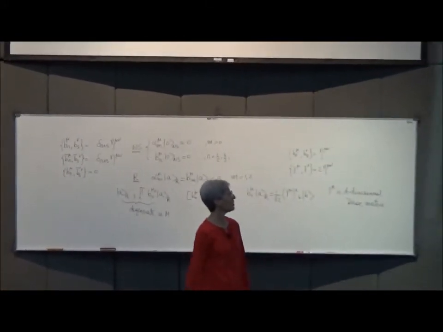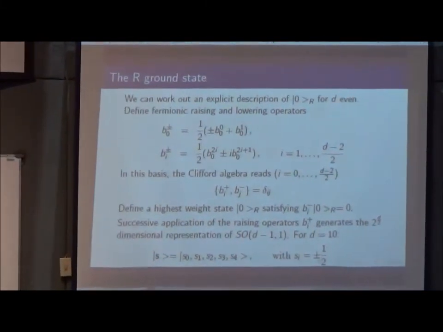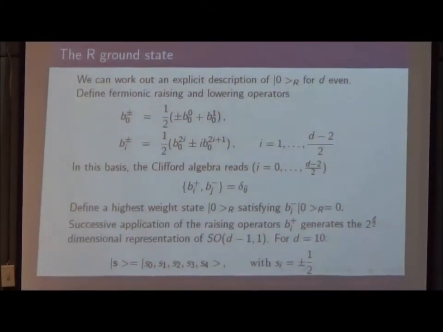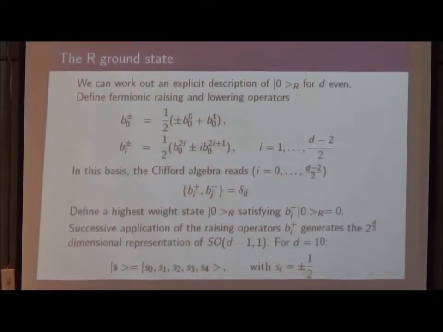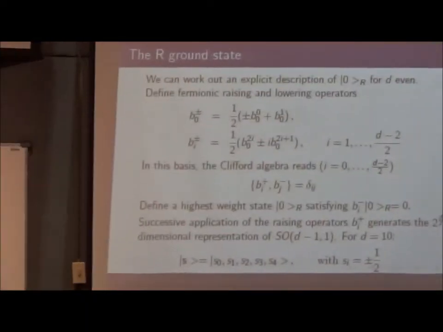Okay, so let me construct a particular representation of the Ramond ground state. This is the interesting part here. So we can define fermionic raising and lowering operators, combining the zero modes, raising and lowering combinations of the zero mode operators.